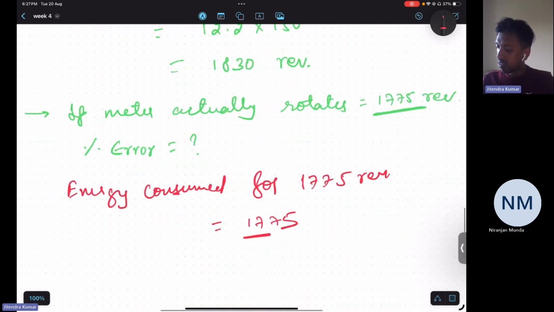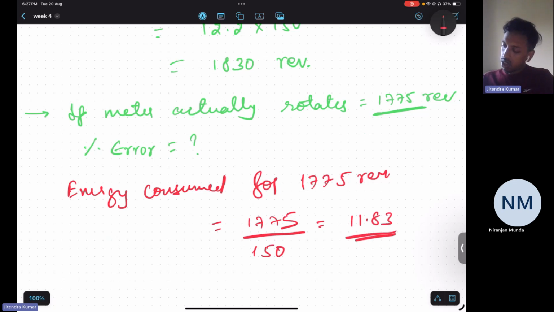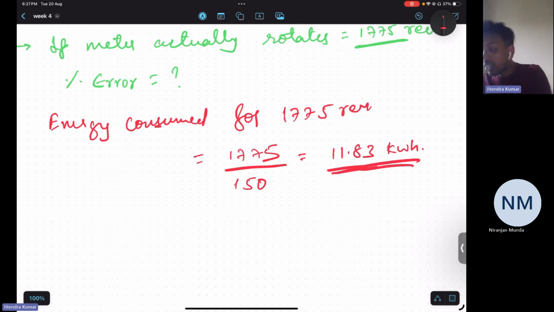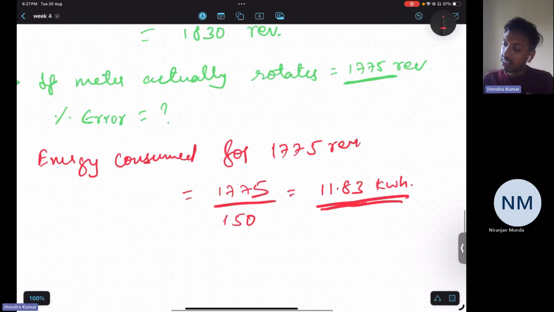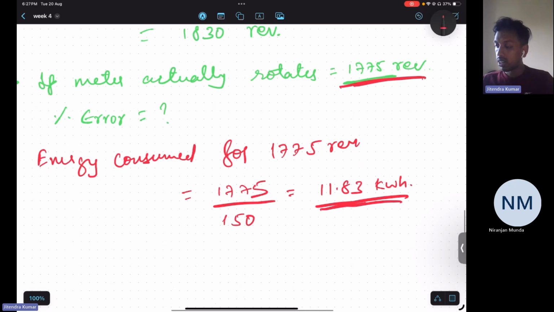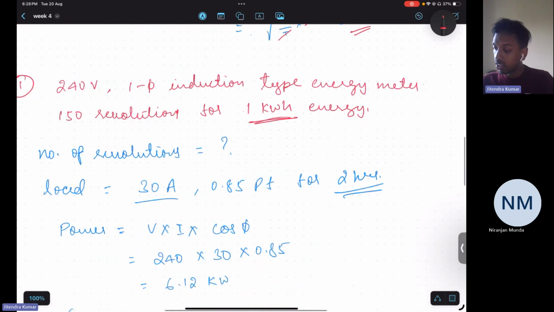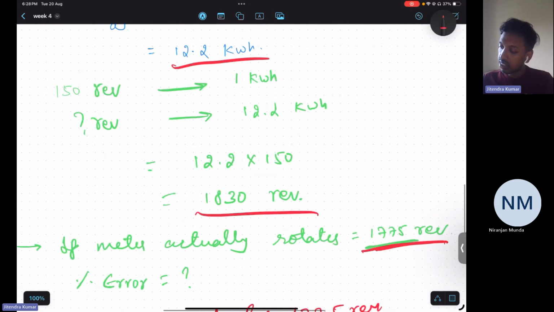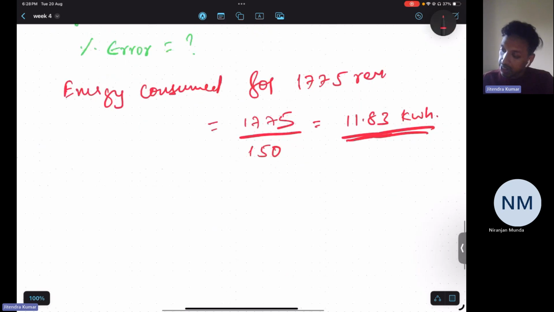So 75 divided by 150, it will come out to be 11.83 kilowatt hour. So this much kilowatt hour is actually consumed for 75 revolutions. But it is showing that it has consumed how much kilowatt hour? 12.2 kilowatt hours for 1830 revolutions. So what will be the percentage error?